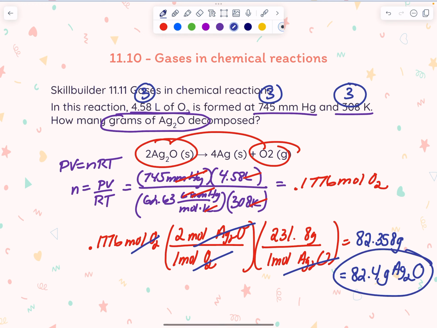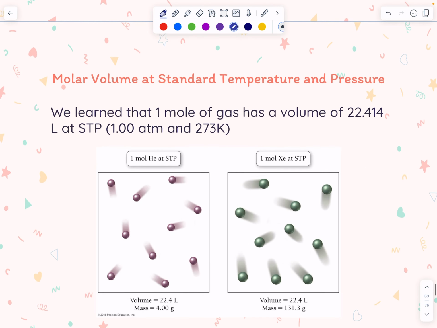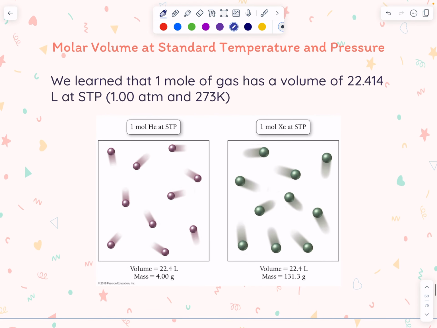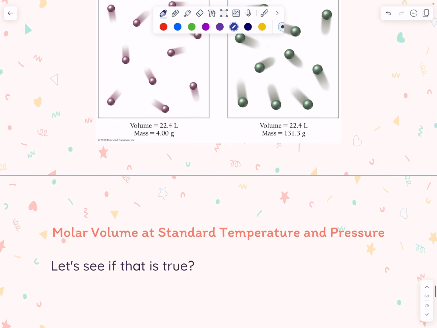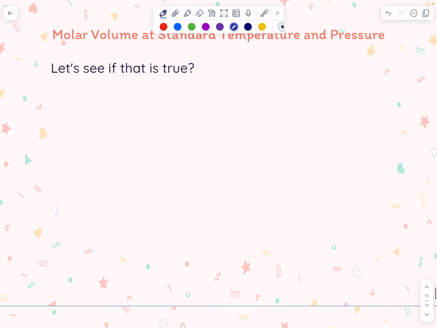So this is just another way to do these stoichiometry problems. And we're also going to use this to sort of prove, where did that number come from? When we learned 22.414, when we were learning stoichiometry, I just gave you that number and said, this is true. Now we're going to really see why that's true, or mathematically how that works out.